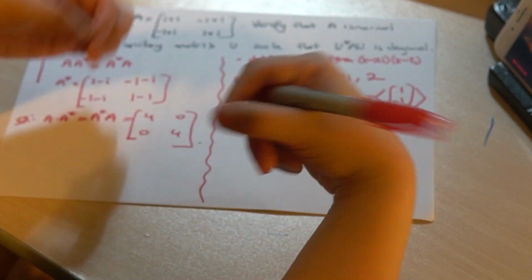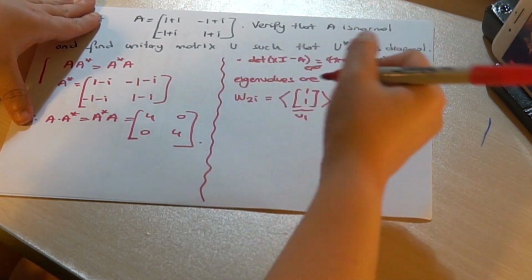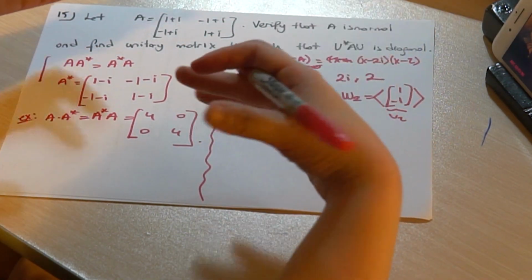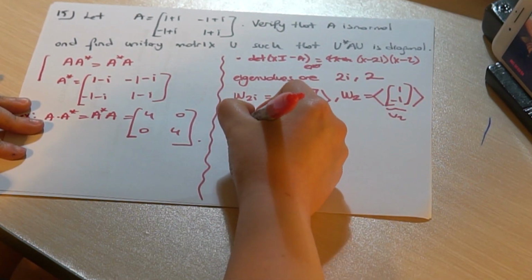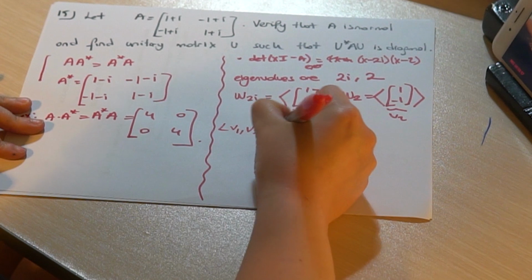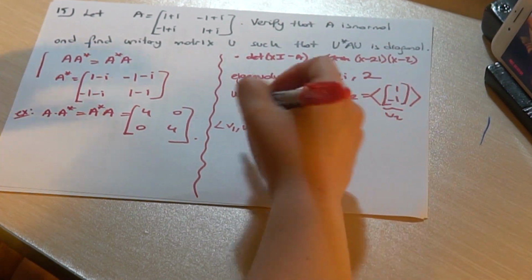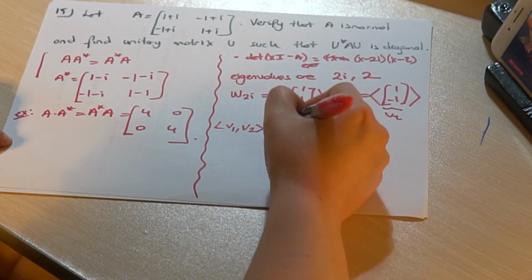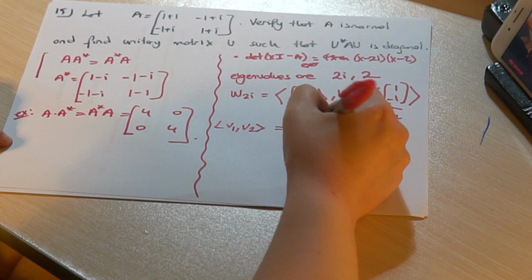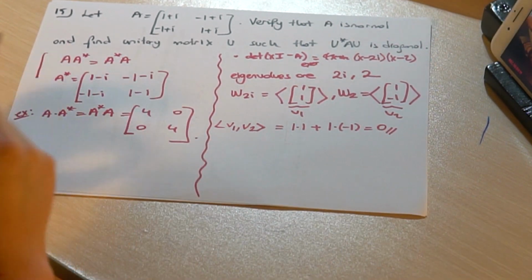We need to make V1 and V2 orthonormal. These are orthogonal, let's look at the standard product. V1 times V2: 1 times 1 plus 1 times minus 1 is equal to 0. So these are orthogonal.